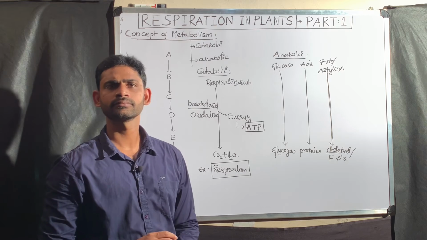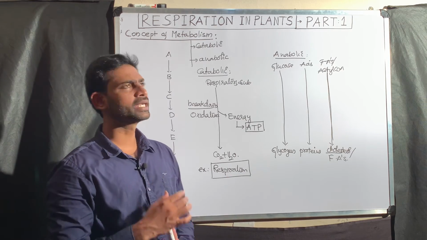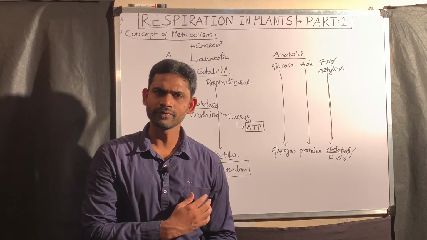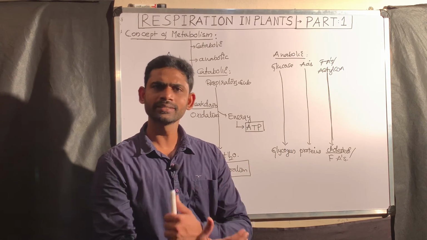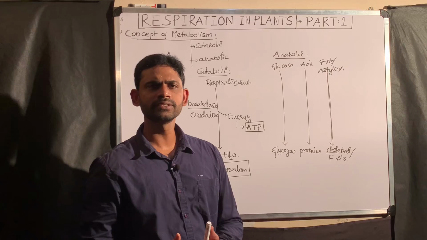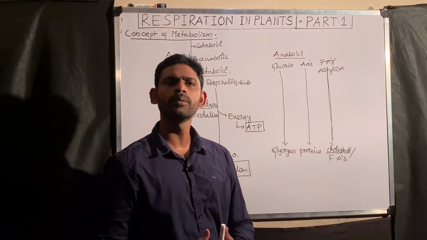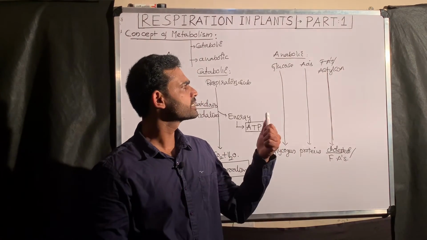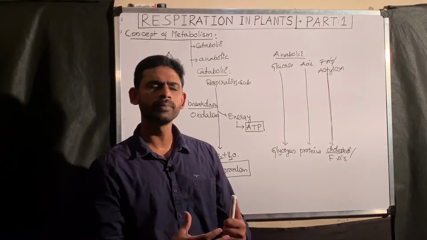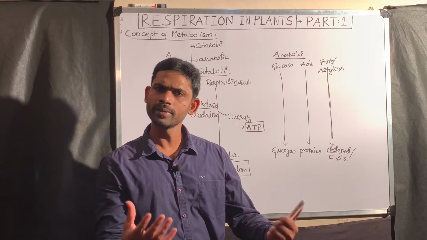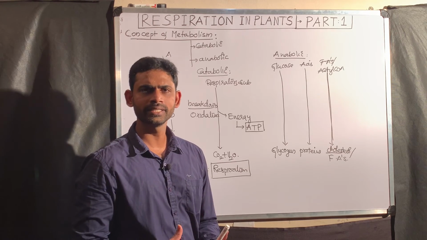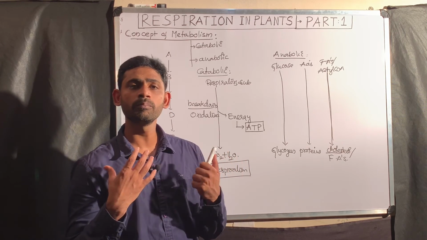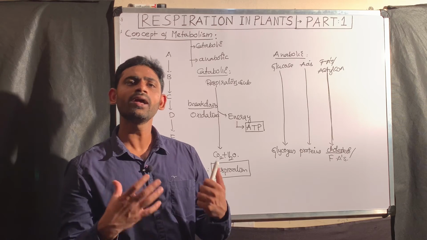So the anabolic pathway: glucose molecules combine to form complex glycogen; amino acids polymerize to form proteins; acetyl-CoA polymerizes to form complex fatty acids; nucleotides polymerize to form complex nucleic acids like DNA or RNA.